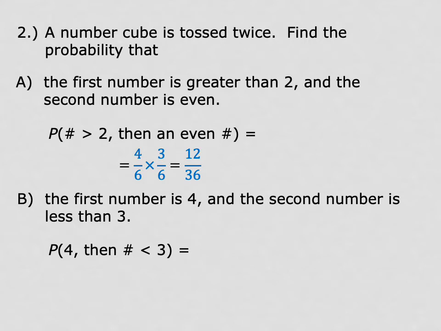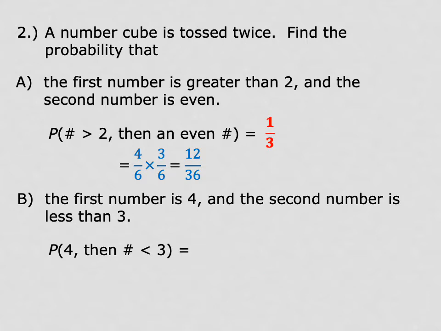The probability of getting an even number is 3 out of 6, because I could get a 2, 4, or 6. To find the probability of both of these things happening, I'm going to multiply my two probabilities. So I would end up with 12 over 36, which would reduce to 1/3.